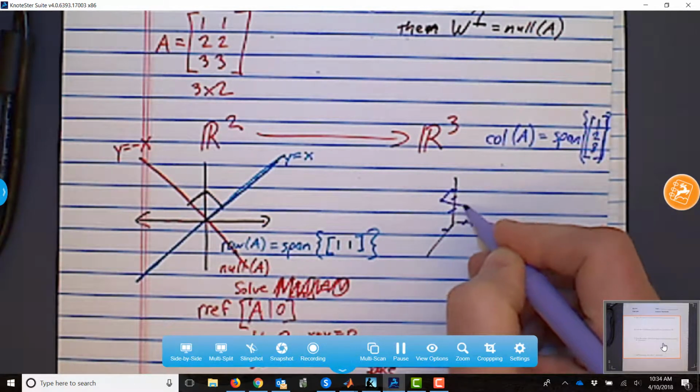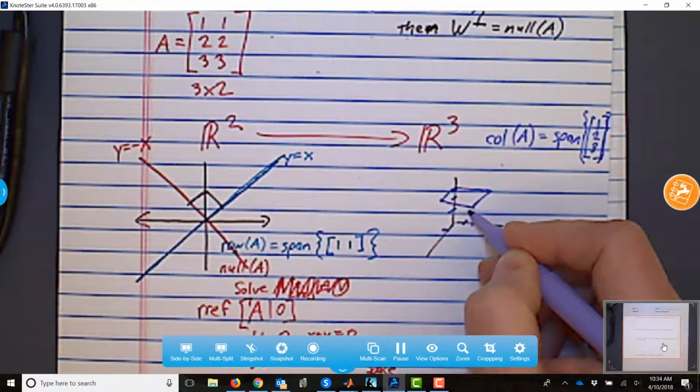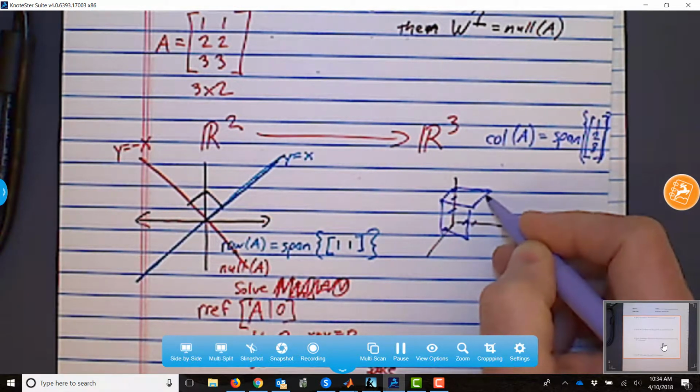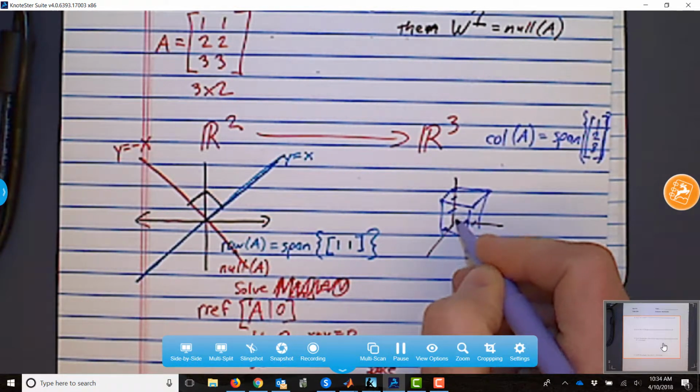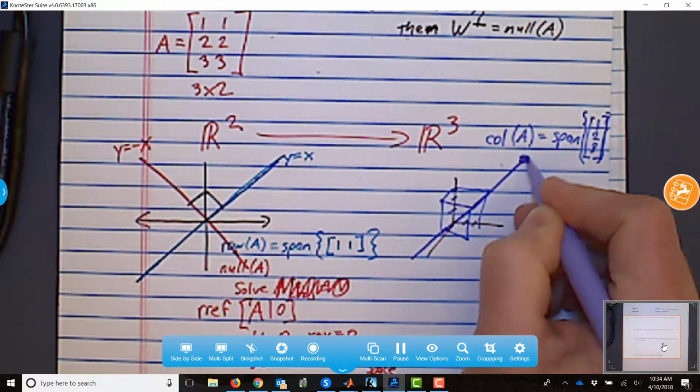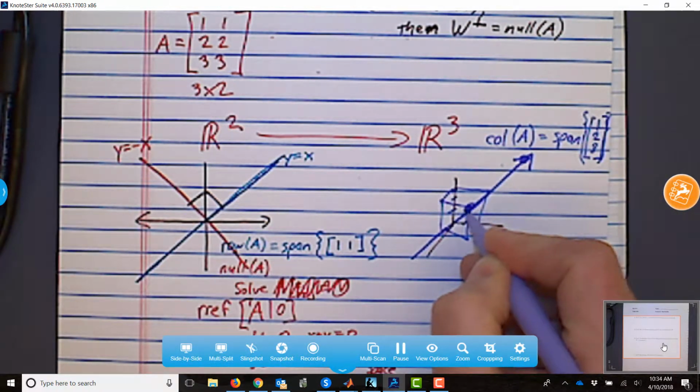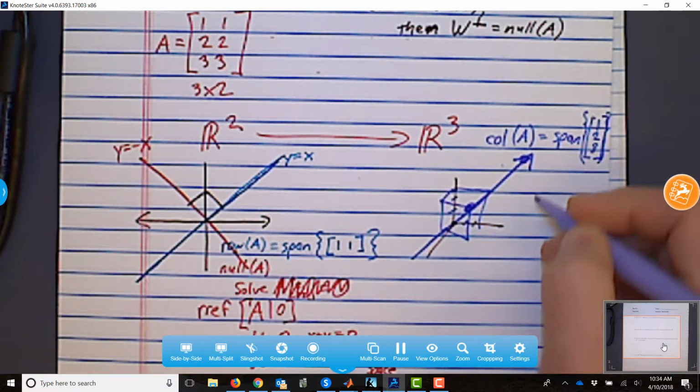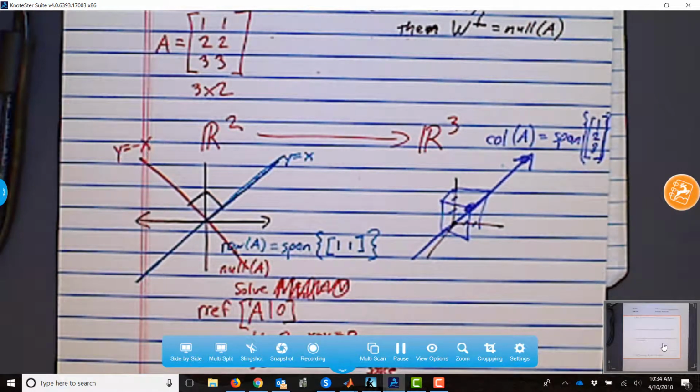So if I drew this kind of box, I could say that the column space of A comes up through this point of the box and also through the origin. This is somehow the column space of A. And the column space of A is one-dimensional, and that means that its orthogonal complement has to be how many dimensions? 2, right.